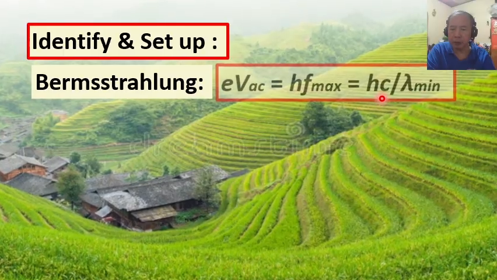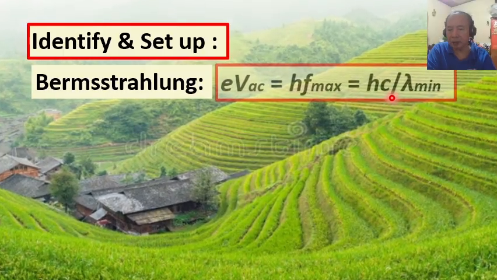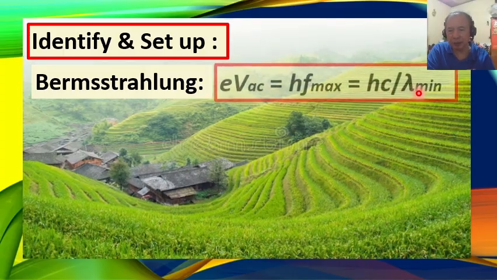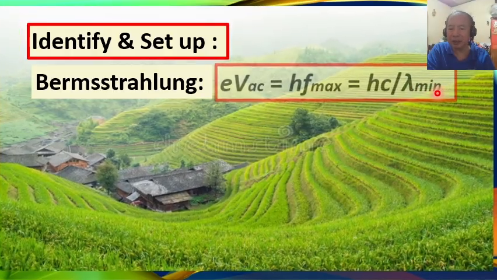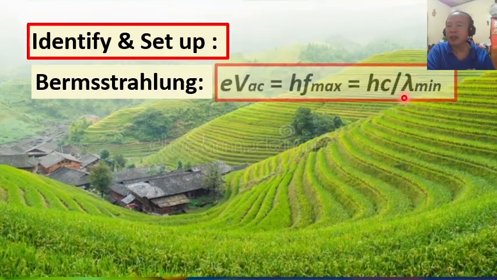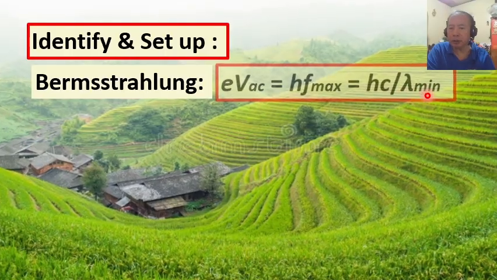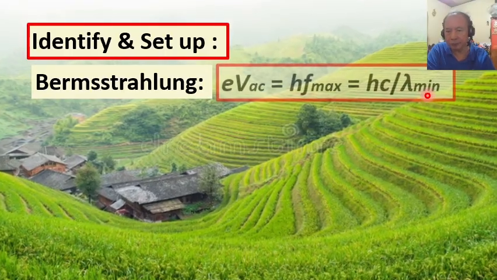Remember, when you divide the speed of light c by the wavelength, we are describing the corresponding frequency of the wave.